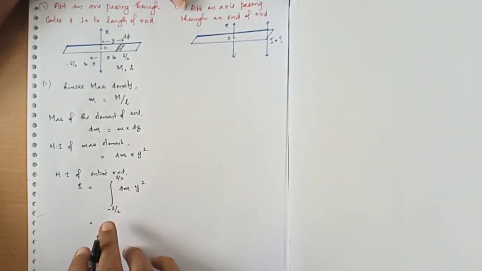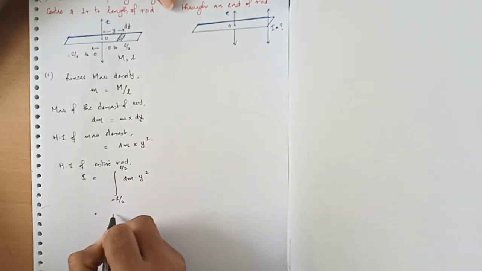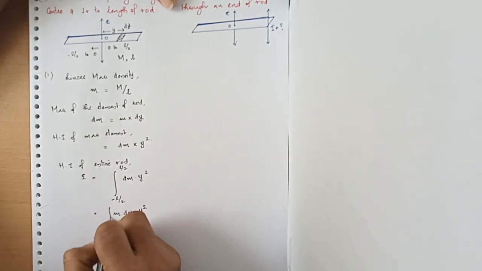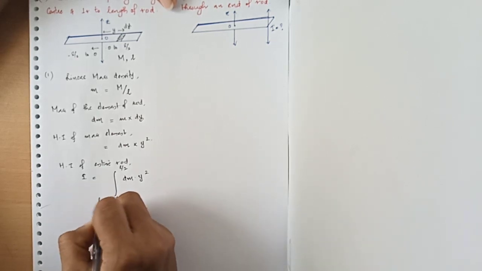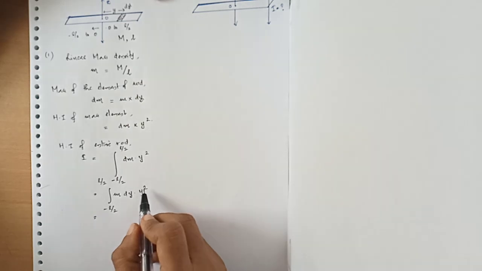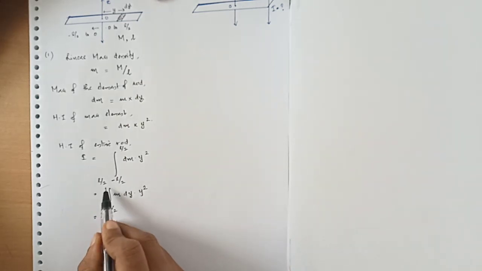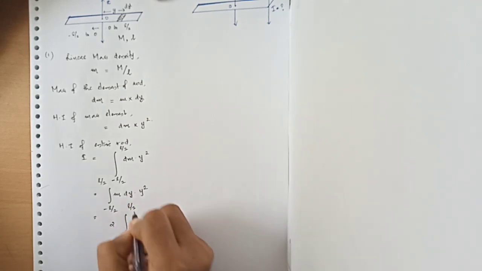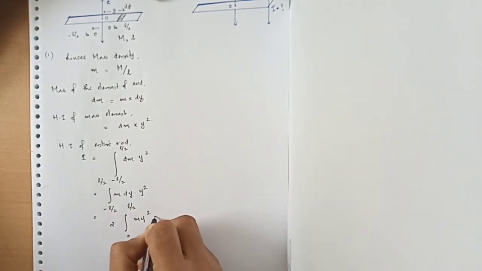Substituting for dm here, you can write it as m dy into y square, integral minus L by 2 to L by 2. And since y square is an even function, you can write this integral as 2 into integral 0 to L by 2 of m y square dy.